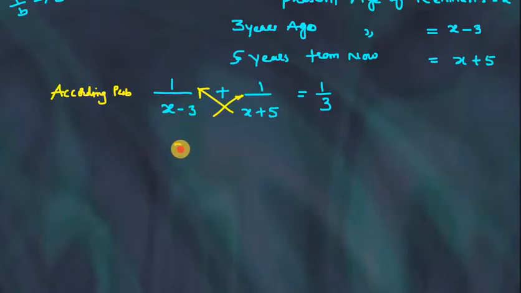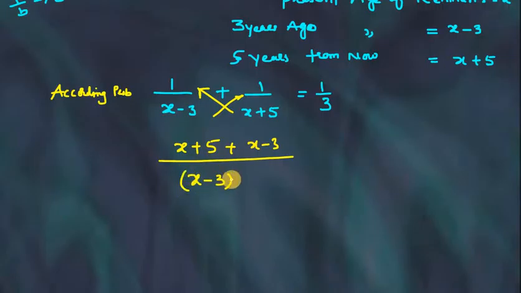First I will write x plus 5 plus x minus 3 whole by, and these two denominators again multiply, (x minus 3) into (x plus 5), equal to 1/3. As simple as that.